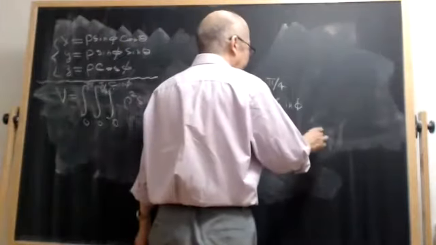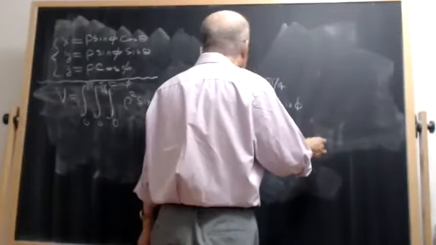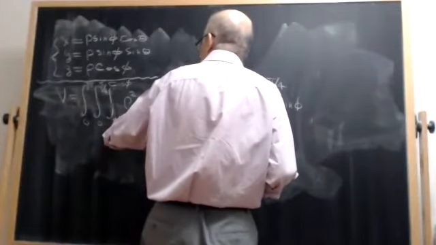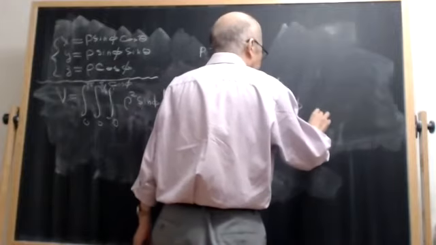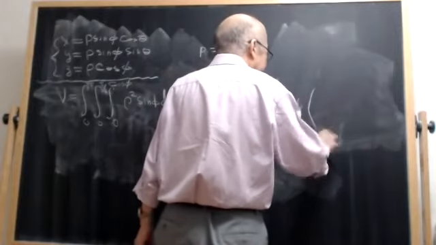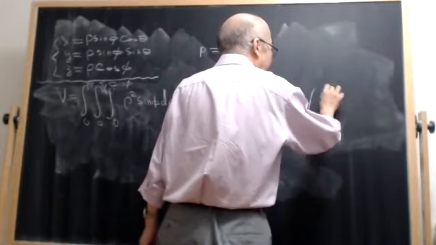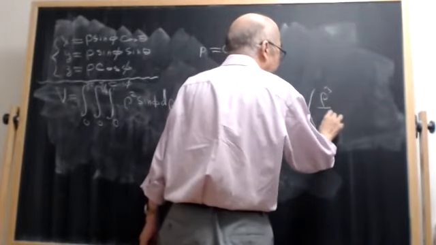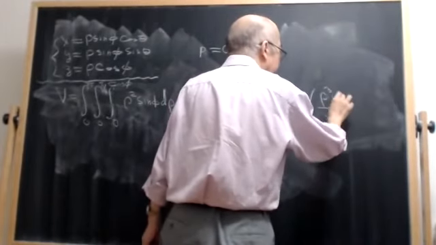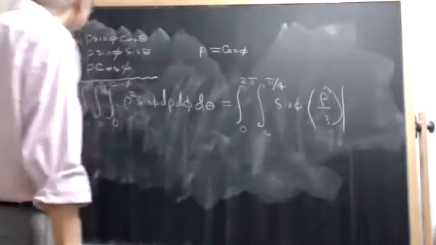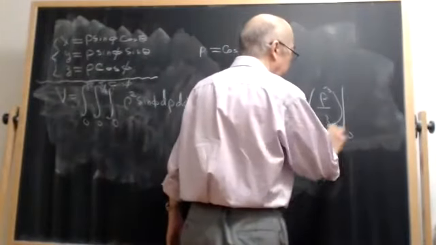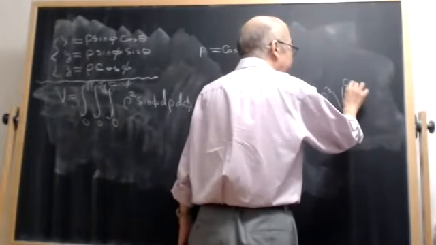So we are going to integrate this with respect to rho. I am going to get rho to the power 3 over 3, evaluated at 0 and cosine phi.